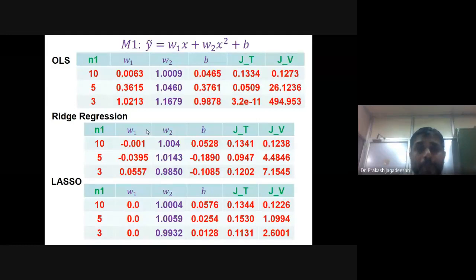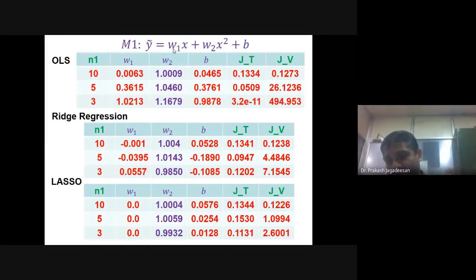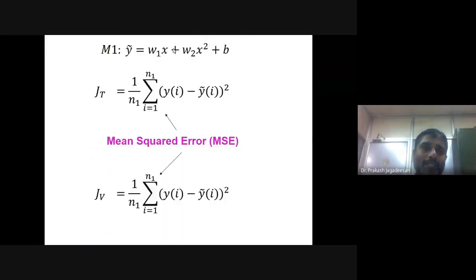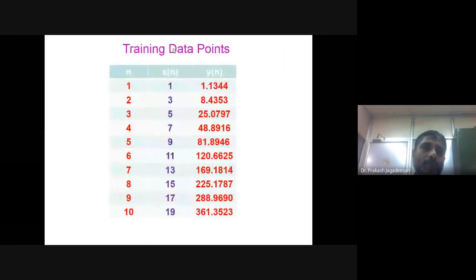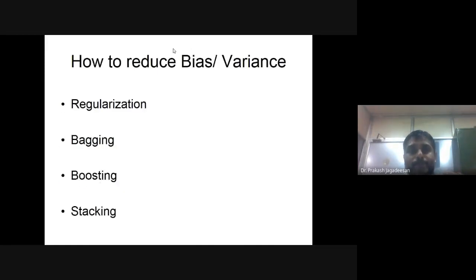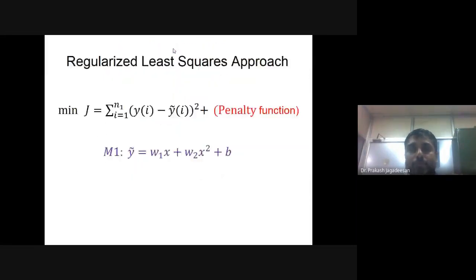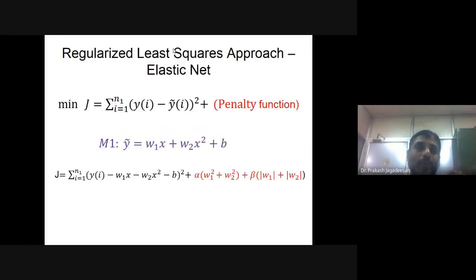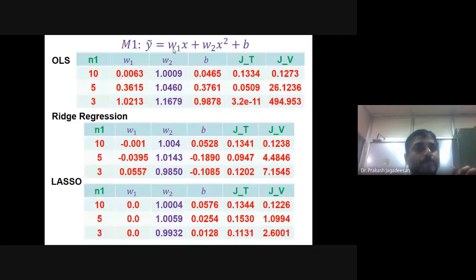So using Lasso, we were able to reduce the bias as well as the variance. As a result, what we got was a model which yields low bias and low variance. That's the power of this particular approach.